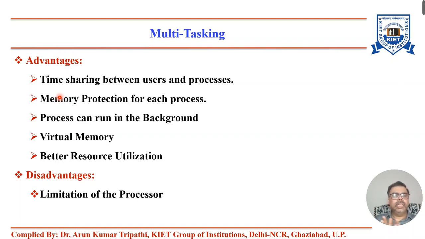Disadvantage means it has the limitation basically of the processor. If the processor has limited processing speed, suppose a processor can execute 4 tasks simultaneously, but I have given 10 tasks. So it will spend most of its time in switching over.